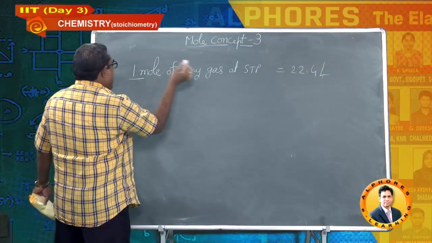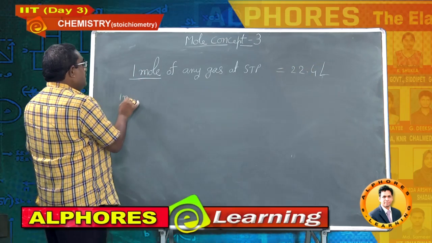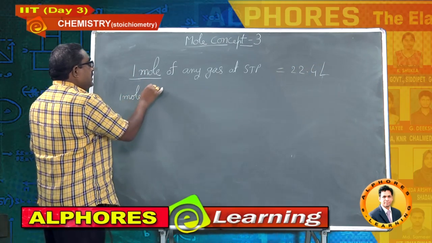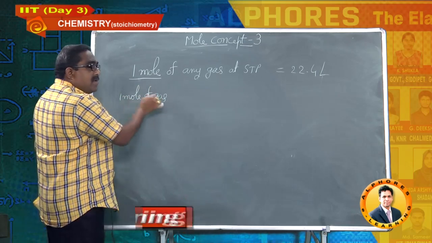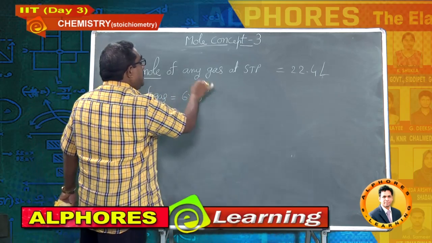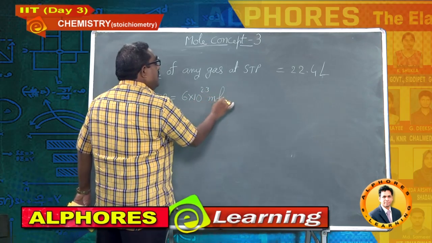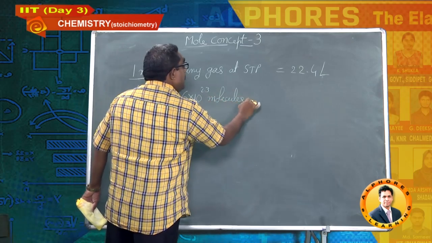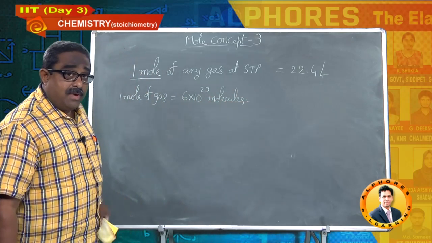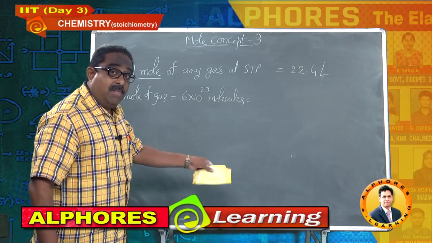1 mole of any gas means, instead of 1 mole, you can write this, which I am writing here. Observe it carefully, a very, very important approach. According to the mole concept, it is 6 into 10 power 23 molecules of that gas. How will you get 6 into 10 power 23 molecules? If that is present as its gram molecular weight.